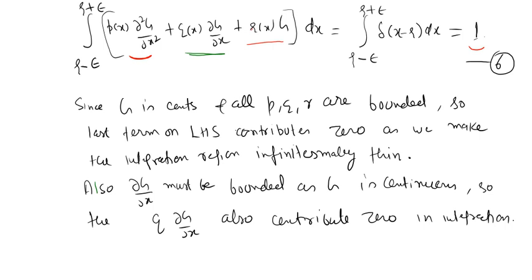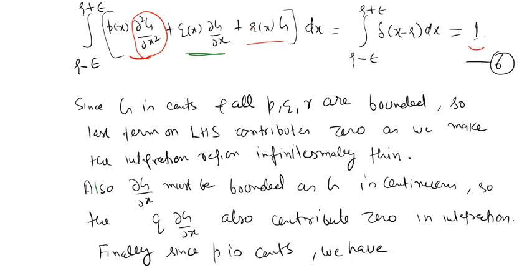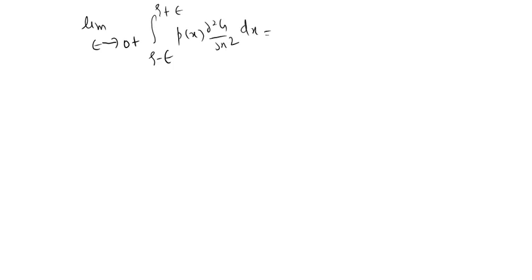Finally, since p is continuous, but we don't know about the second derivative, I'm writing the second derivative again by integrating. This is the limit as epsilon goes to 0 of the integral from xi minus epsilon to xi plus epsilon of p(x) g''(x) dx.